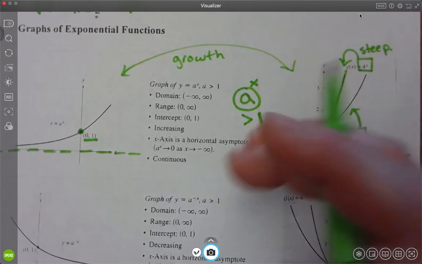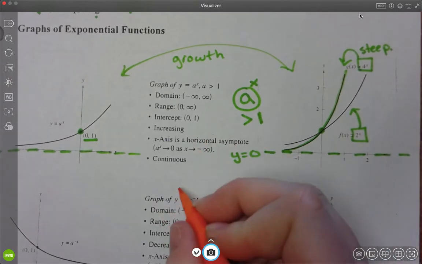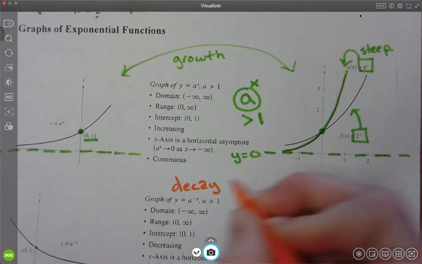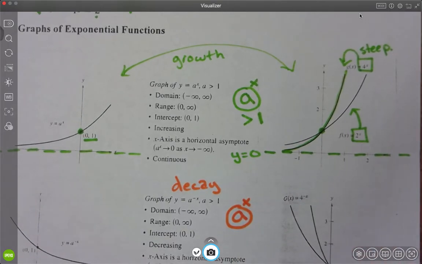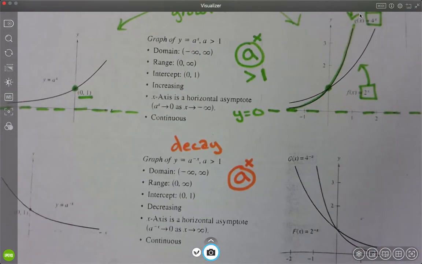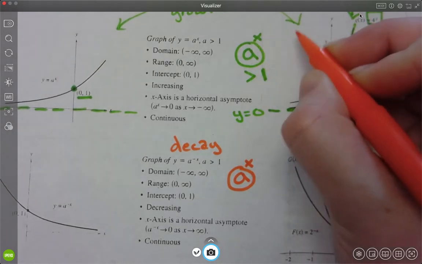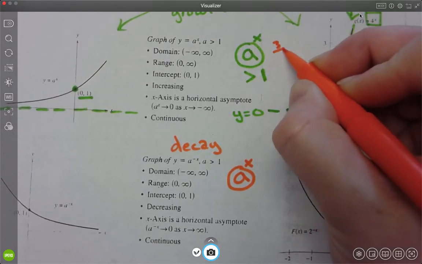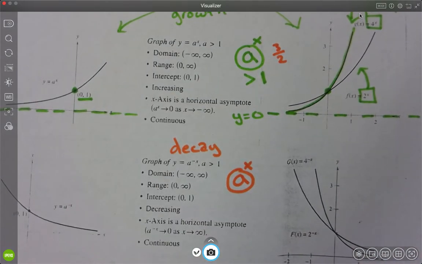Now I have a lot of people say that it's a decay, which is what these guys are, if a to the x power has an a that is a fraction. Which is not quite true. A lot of people think of fractions like 1/2 or 1/3, in which case it would be a decay. But I could also have this a be like 3/2, which is actually bigger than 1, and that's going to be a growth function.